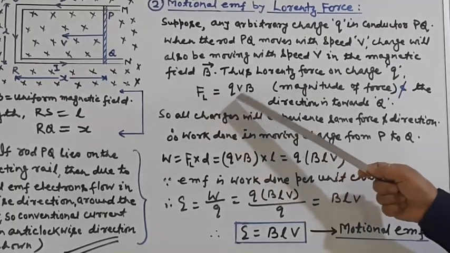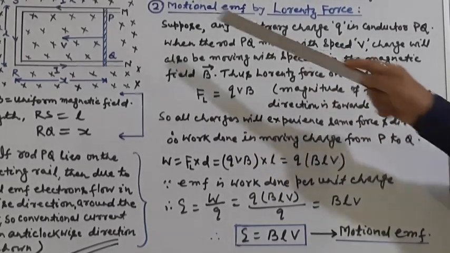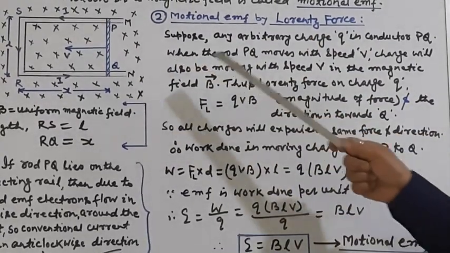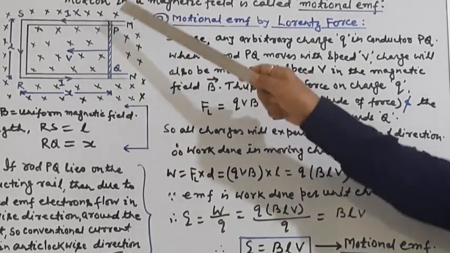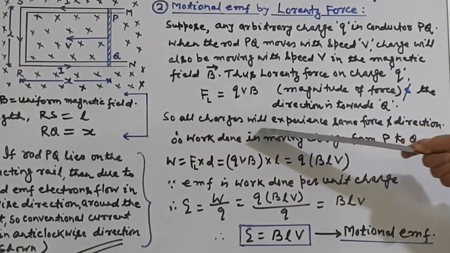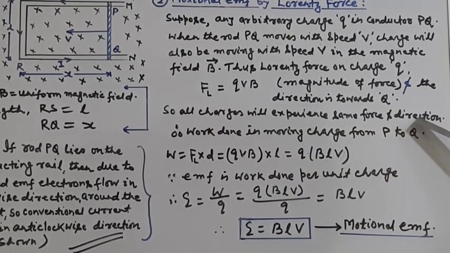So the Lorentz force becomes QVB. This is the magnitude of this force and the direction is towards Q. Because this is the force explained for a single charge, all the charges in this conductor will experience the same force and direction.